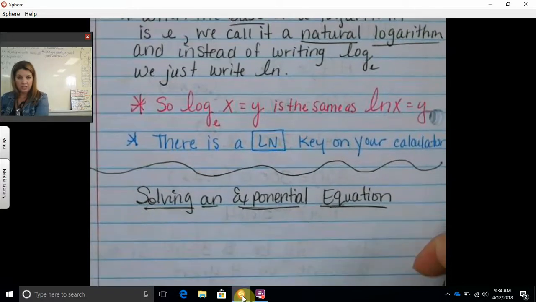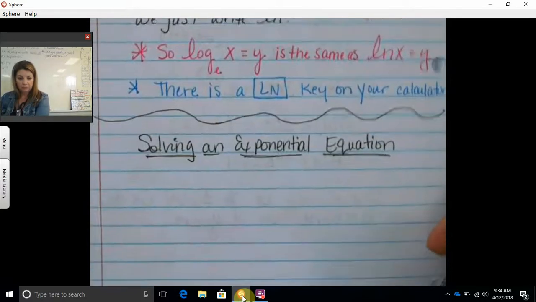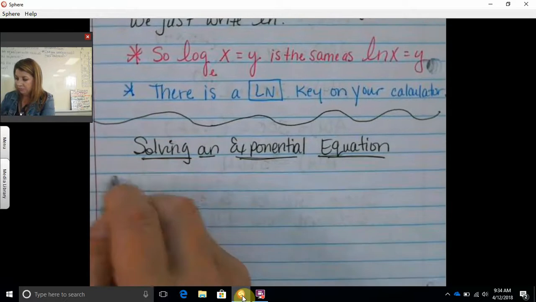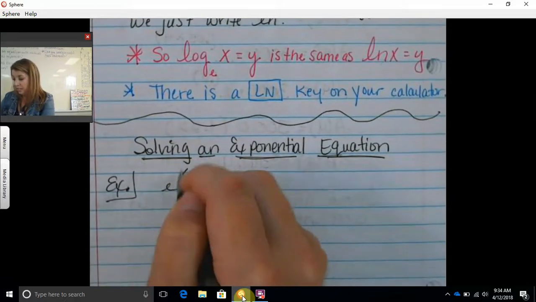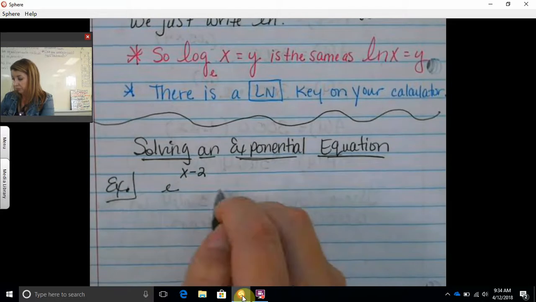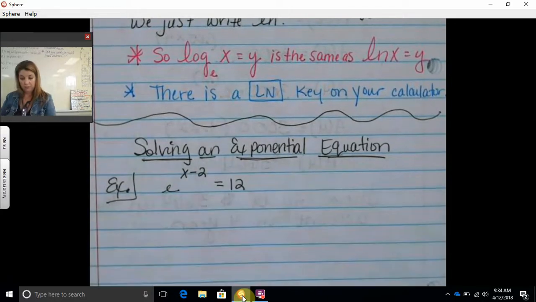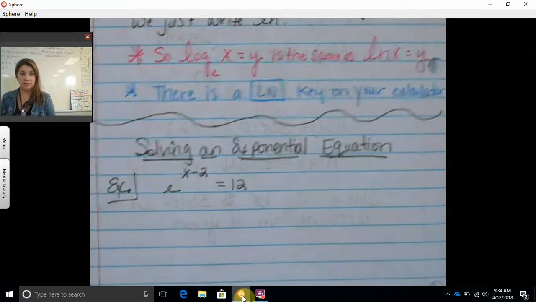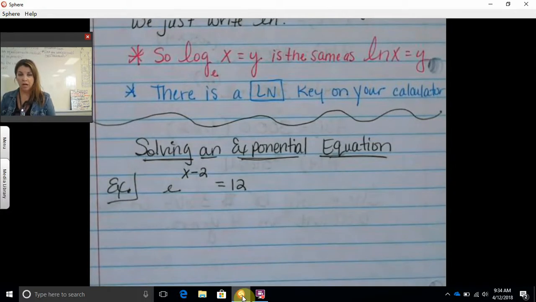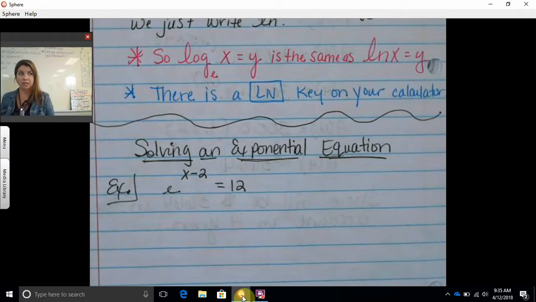Solving an exponential equation. First example. e raised to the x minus 2 equals 12. Can we write both sides with the same base? Can we write e and 12 with the same base? No. Okay, so we know from before, if you can't write both sides with the same base and it's in exponential form, we'll convert it to logarithmic form, right?